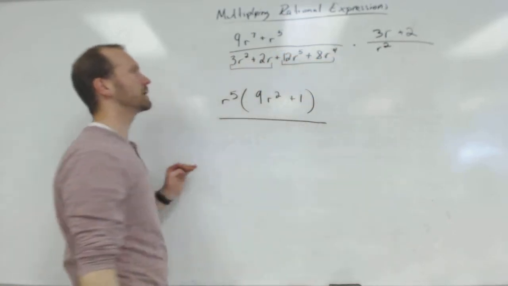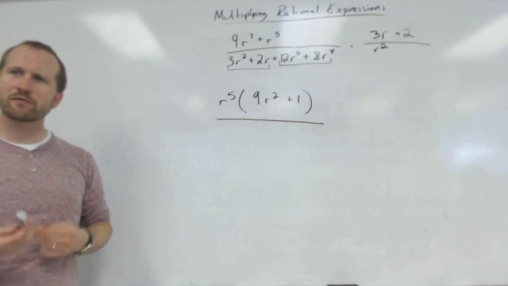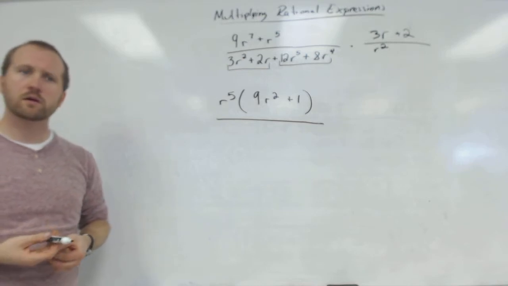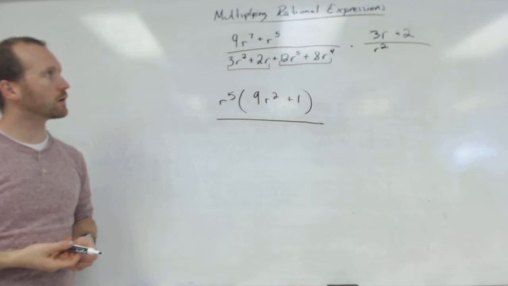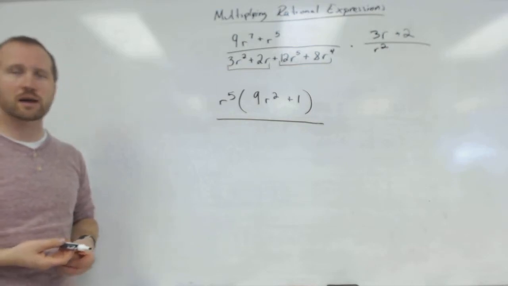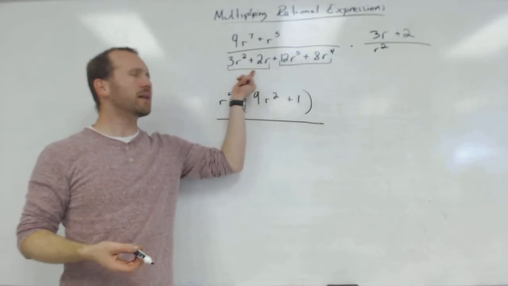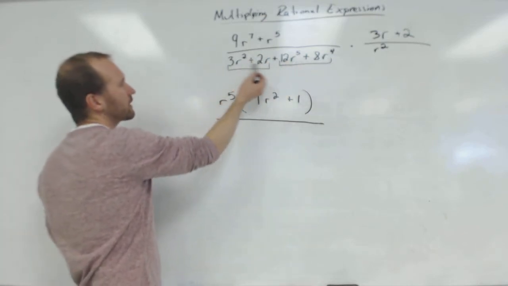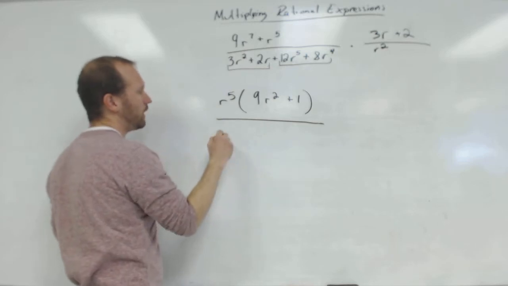I'm giving you a big hint. How are we going to factor something if we have 4 terms? Yeah, try to take something out of the first two. What did we call this? Factoring by grouping, right? So what could I factor out of the first two? r.